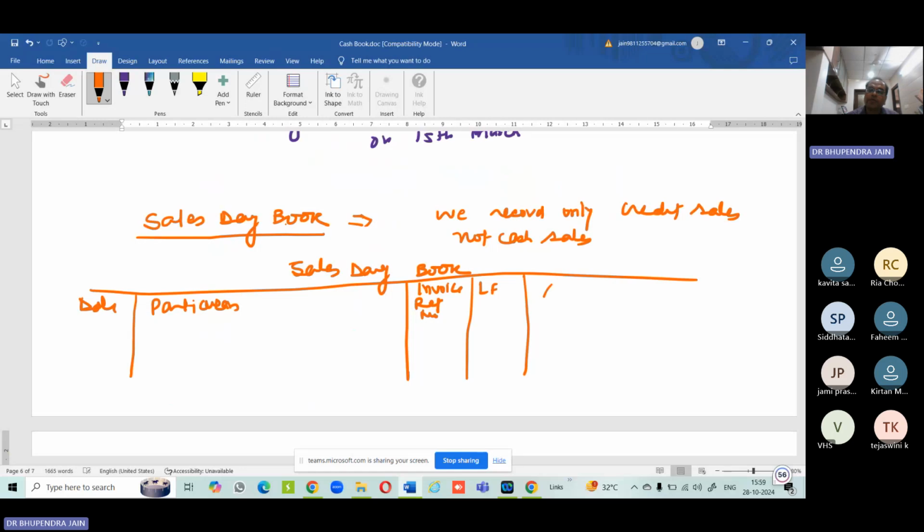Next column is the amount and the last column is the reference. Okay. The format is the same. In the purchase day book, we will record only data regarding the credit purchase, and in the sales day book, we record the data only regarding the credit sales.